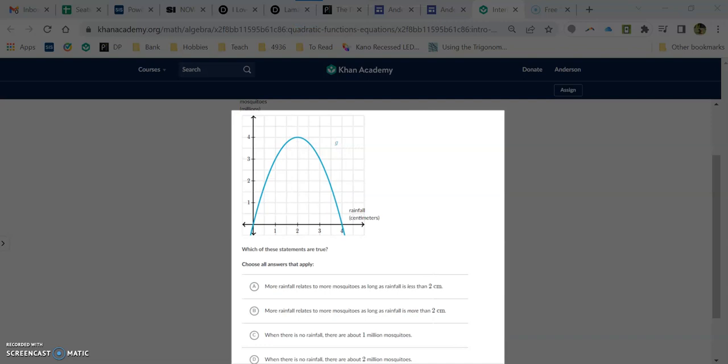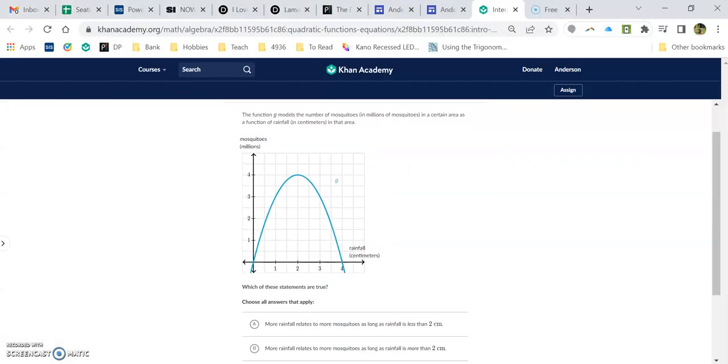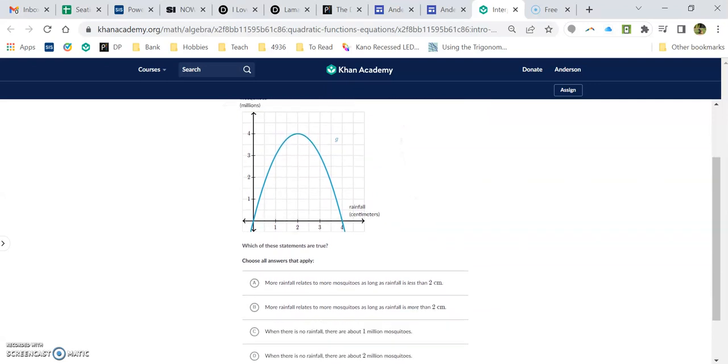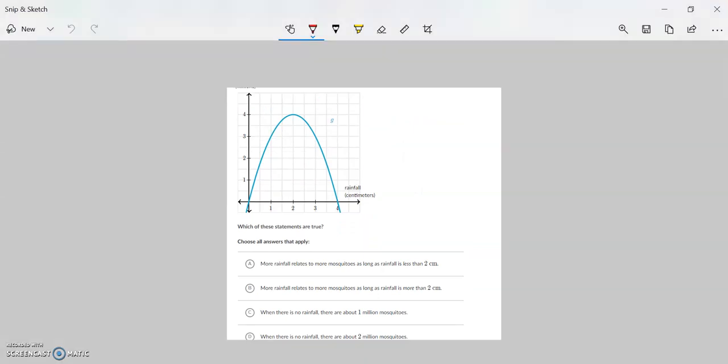Mosquito question. Everyone's worst nightmare. The function models the number of mosquitoes in a certain area as a function of rainfall. More rainfall relates to more mosquitoes as long as rainfall is less than 2 centimeters. So here, this is rainfall down here, and this is the number of mosquitoes up here.